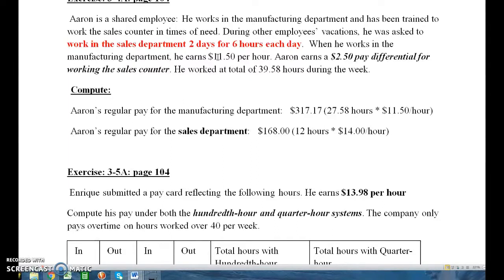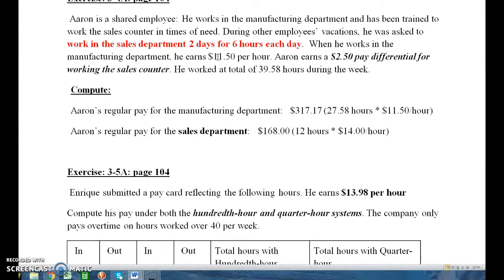In the sales department, he worked 12 hours. Multiply that by $14 an hour, because remember it's a $2.50 differential, so $11.50 plus $2.50 is $14 an hour. In the sales department, he earned a total of $168 for working the sales counter. So this is where he got paid a pay differential.